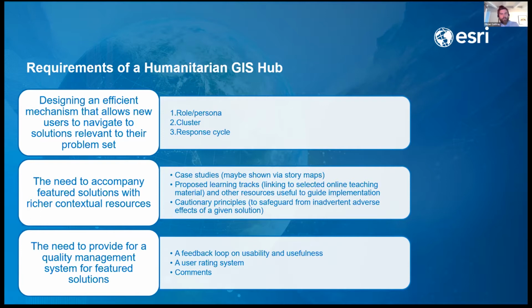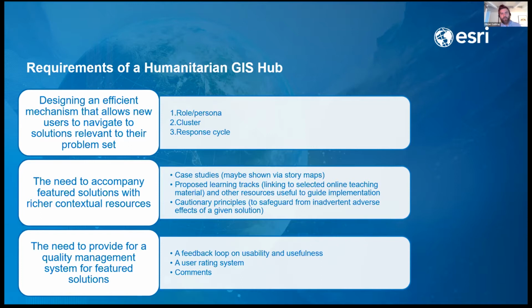So, for example, if you're coming in there from a donor perspective, or from an operations manager perspective, or from a GIS manager's perspective, you're going to be looking for slightly different solutions, slightly different technical levels of solutions. You're going to be looking for solutions that speak more to a technical how-to, or that speak more to outcomes, for example.